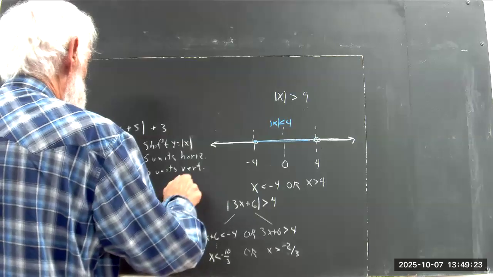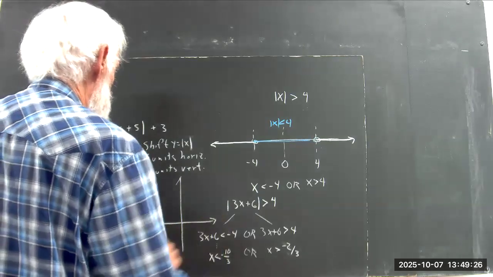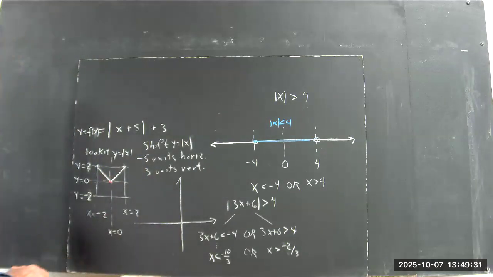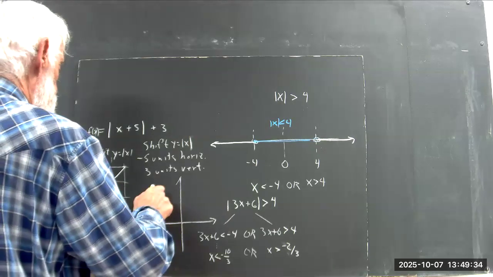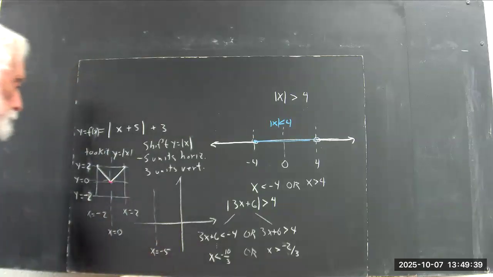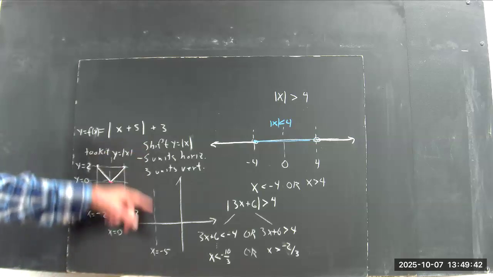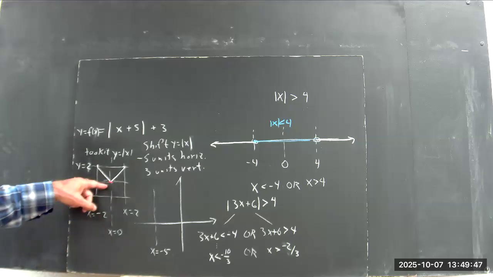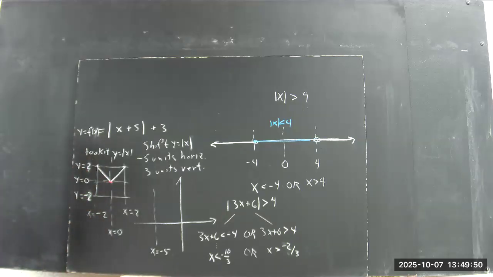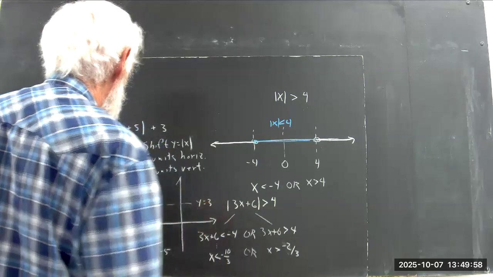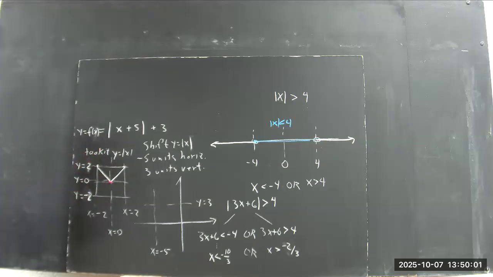We take a set of x and y axes and shift it negative 5 units horizontally, so I'm going to shift it over here. That's going to be an axis of symmetry, just like you have an axis of symmetry for a parabola, you have one for the absolute value function. And then we shift 3 units vertically.